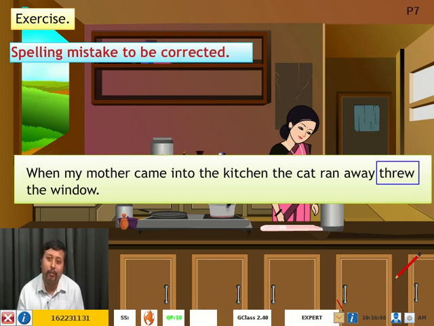It's the form of the word throw, true, thrown, right? So it cannot be. And what should be the right word? Very good. The right word is through, right? Good. So when my mother came into the kitchen, the cat ran away through the window.